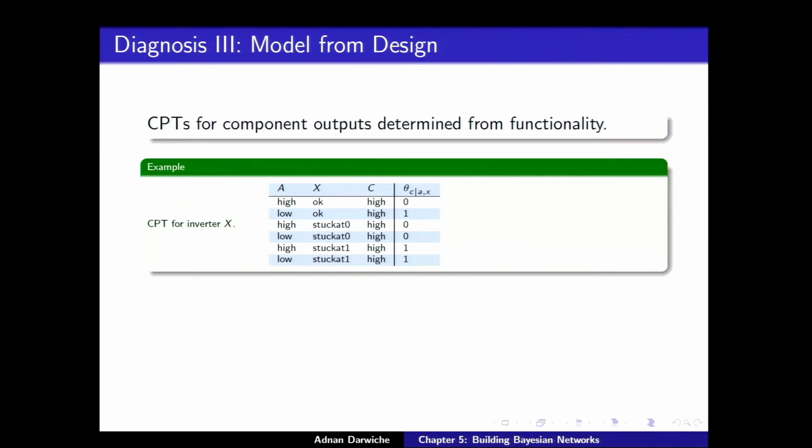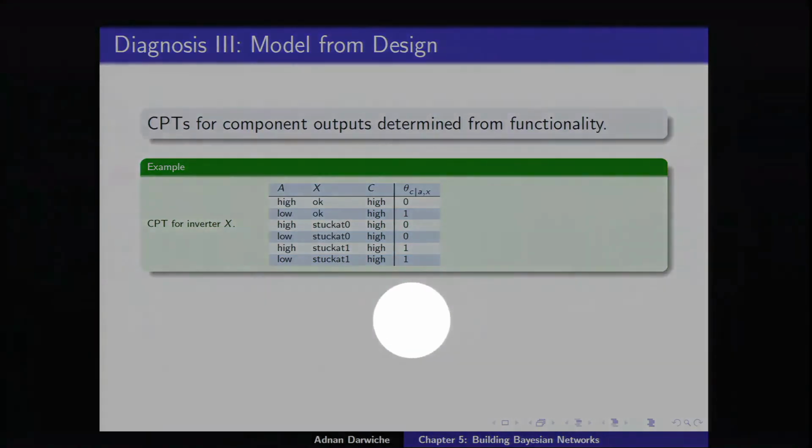Look at the CPT for a component. Look what happens here. This is the inverter. The output is C. The input is A, and this is the health mode. These are all combinations. Look what's going on here. What is that? All zeros and 1.